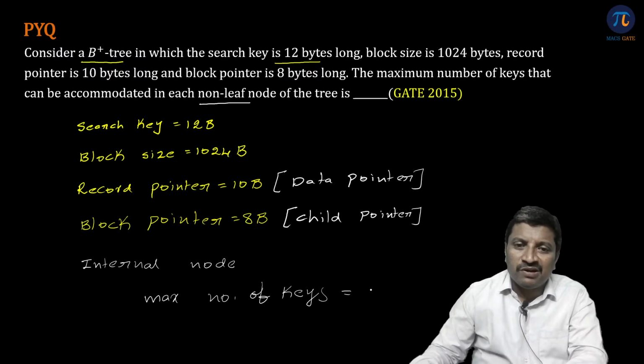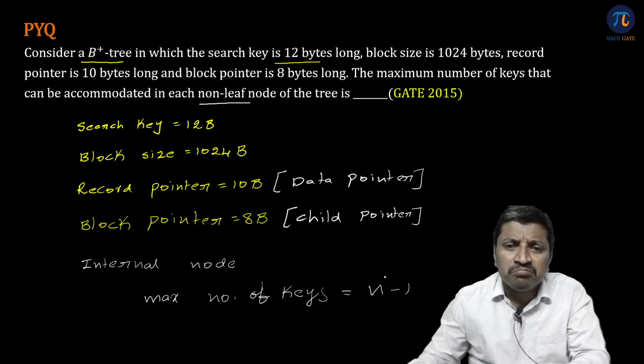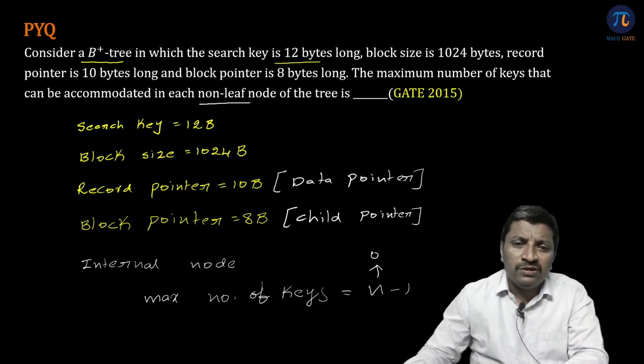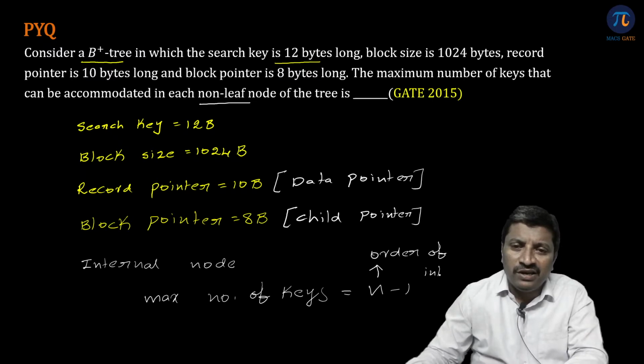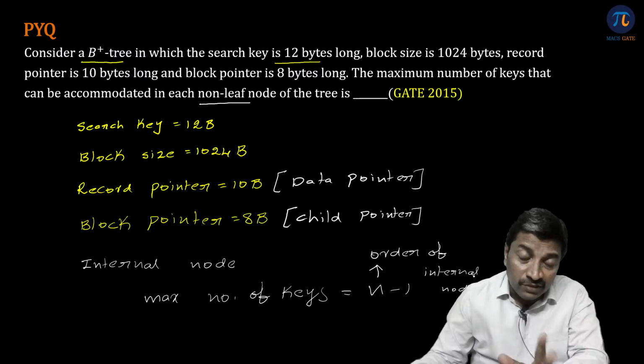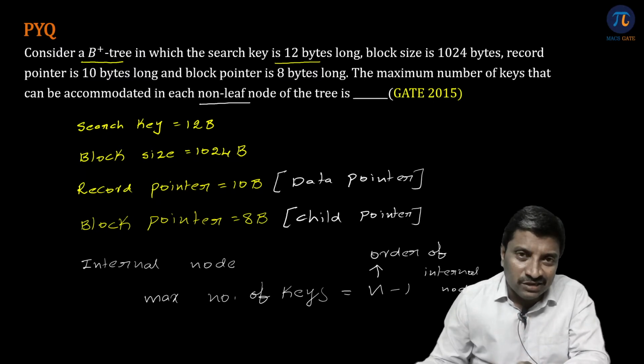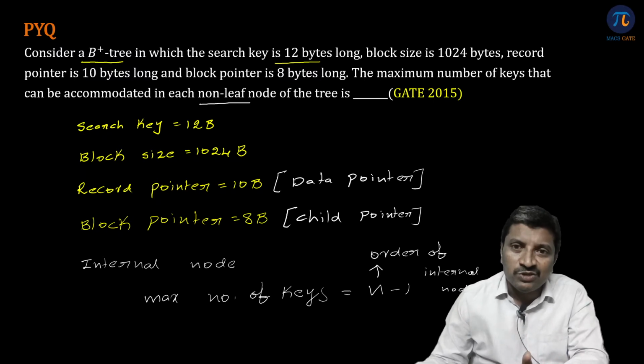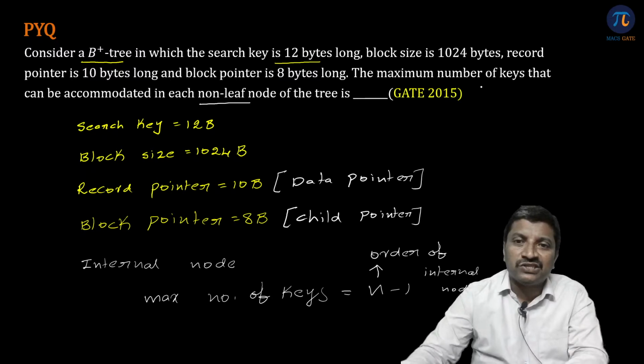What is maximum number of keys? N minus 1. Now the question is, what is n? I don't know. That is order of the tree, order of internal node, but they not given any value. So the first task is I need to identify n value. Then the answer is not n, sir. It is n minus 1. Please remember it. Here they didn't ask for order.